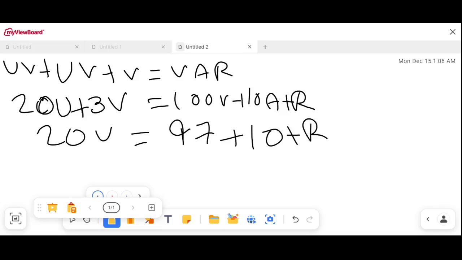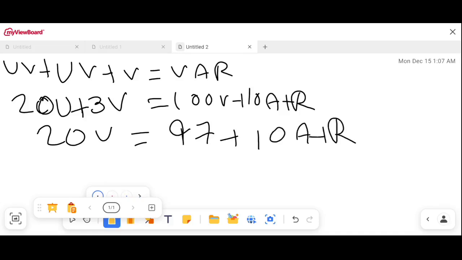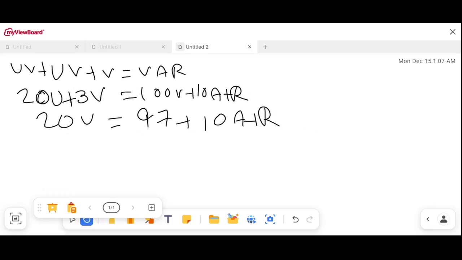And now we will get, what value should we plug in? This is 10A, by the way, plus R, and now we're plugging in U equals 6.